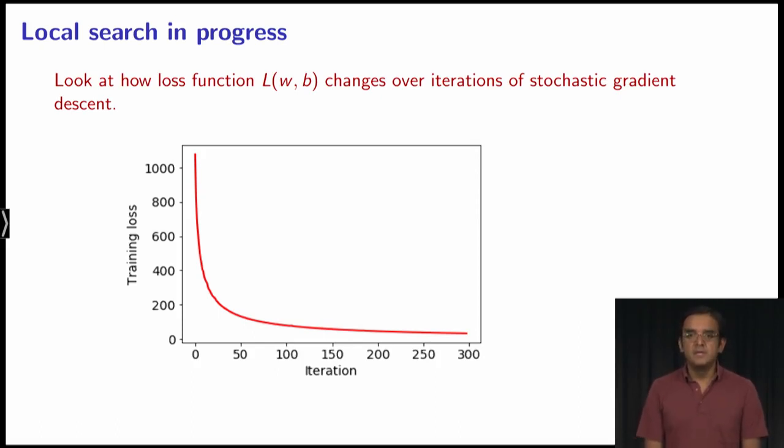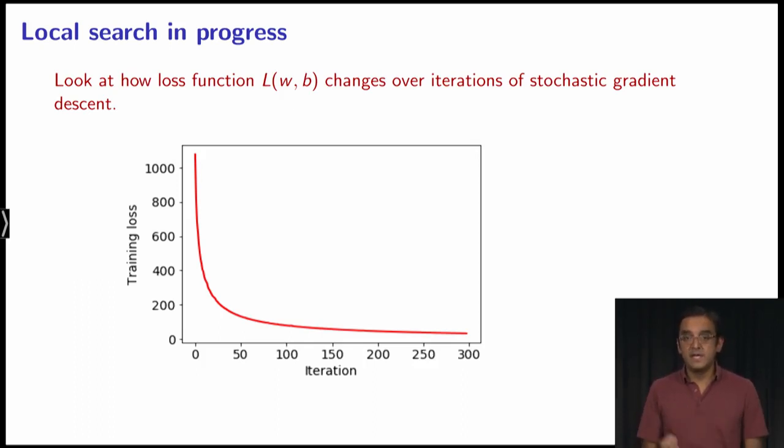Okay? So let's see what happens over training iterations. It turns out that for this particular data set, 300 iterations are needed before the linear function W, B converges. Each iteration involves a pass through the entire data set.